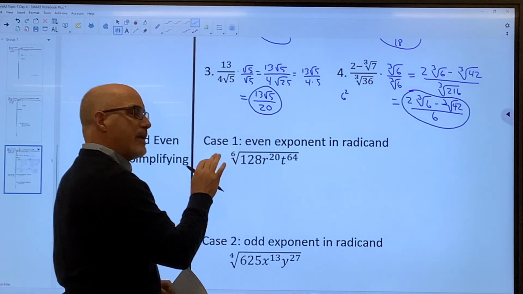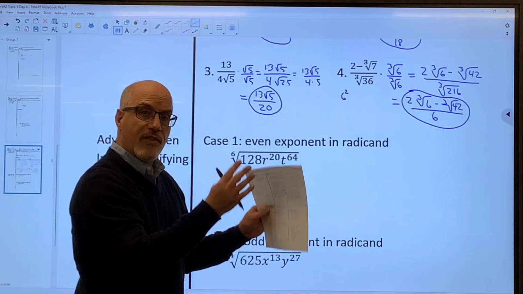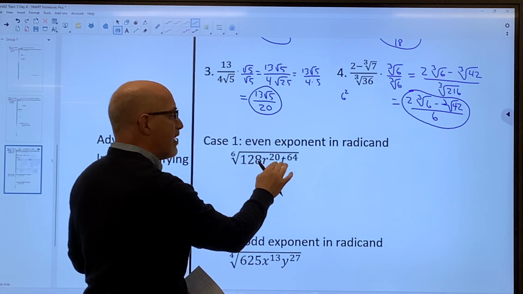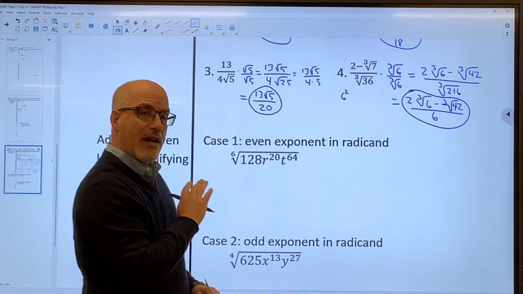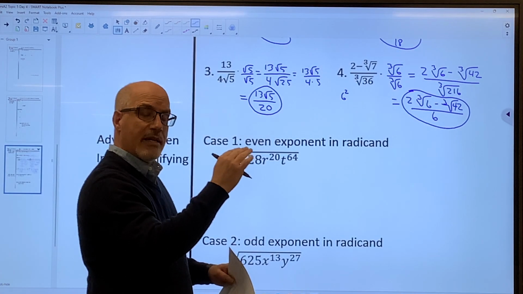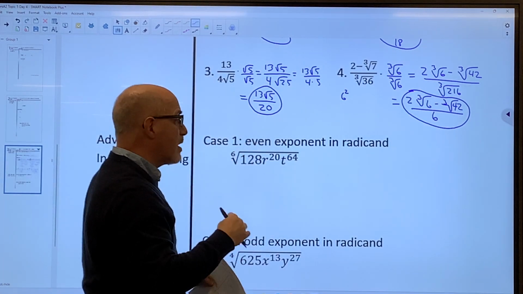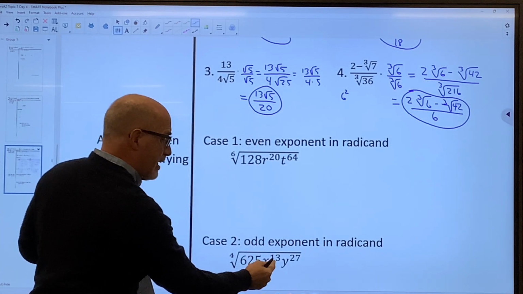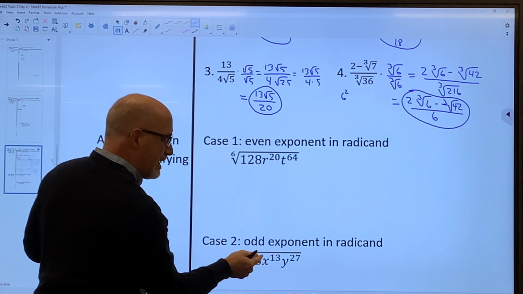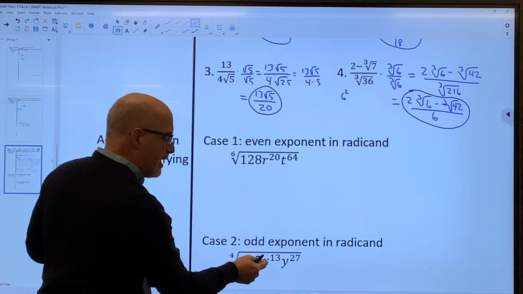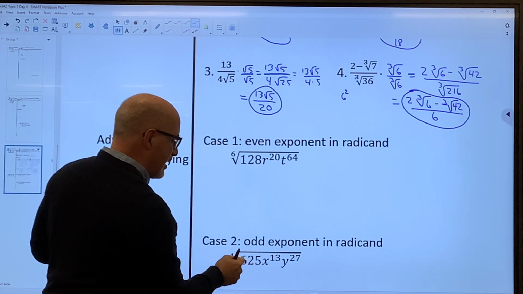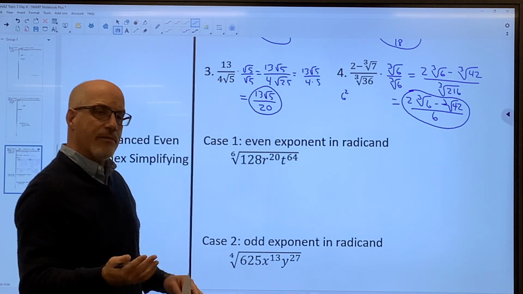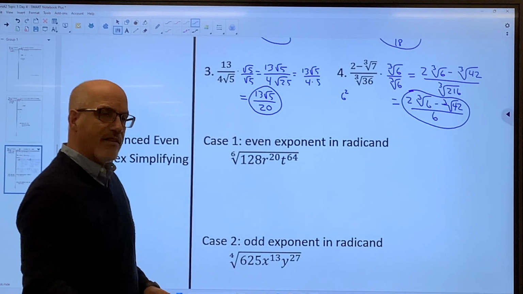These, you're going to always have to worry about the absolute value and what comes out, but you don't have to worry about the domain, because you can put any value in for r and t here, and when you put it to an even exponent, it will come out to be a positive number, and we can't take the 6th root of a negative. Whereas down here, you're not allowed to put in a negative for x, because if you did, this would be a negative number under here, and then when you put it to the 4th root, you might end up having the root of a negative number.